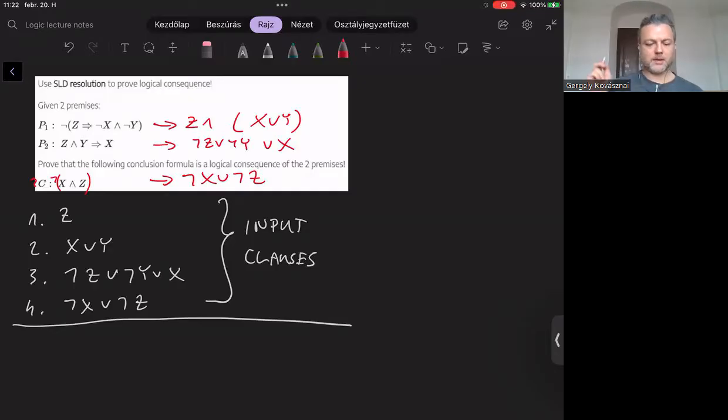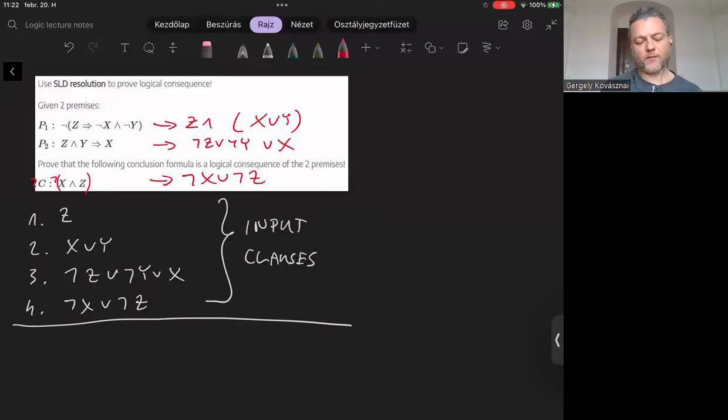So we must run the SLD resolution over this input clause set. And we know that SLD resolution has a drawback. It's not complete over any kinds of clauses. It is proven that SLD resolution is complete over Horn clauses.